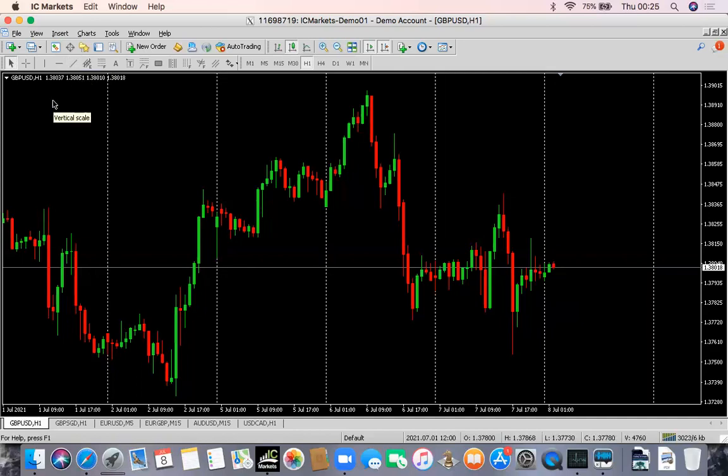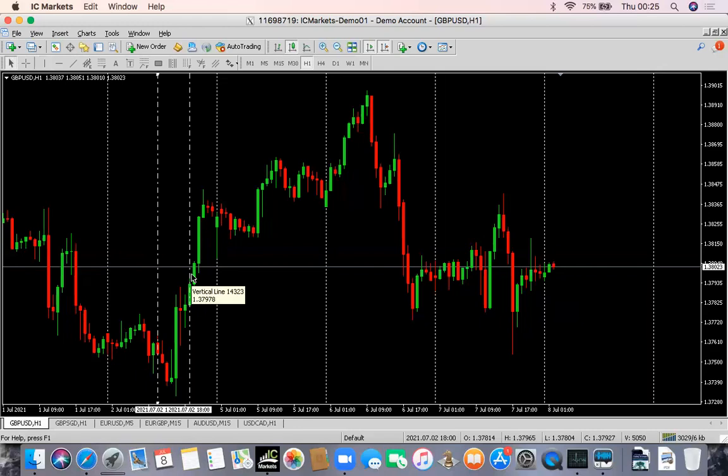Remember, firstly, you have to remember the time factor. You have to only trade around 11, which is the platform time here, at this time and at this time.